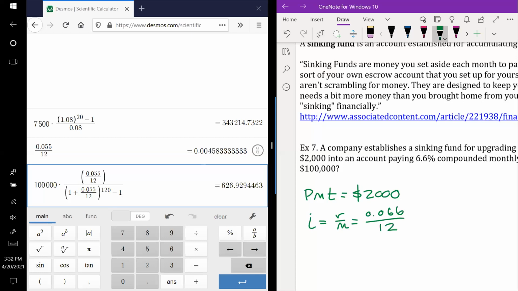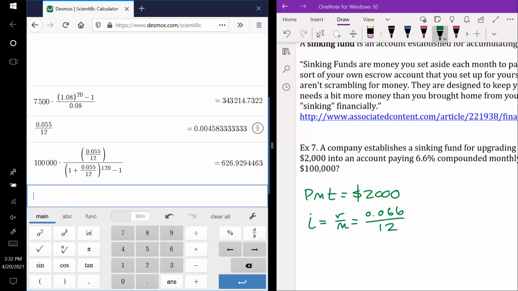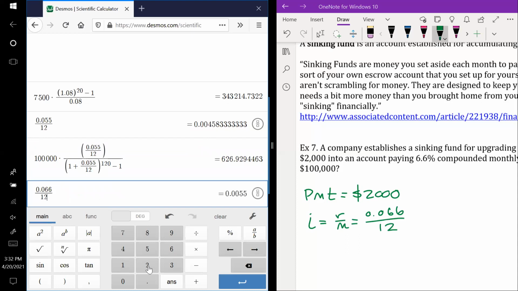Let's see if that's a nice number. You never know. 0.066 divide 12. And it is, you get 0.0055. Now we'll use that decimal number only because it's a nice decimal number. And then it says, how long will it be before the account has $100,000?